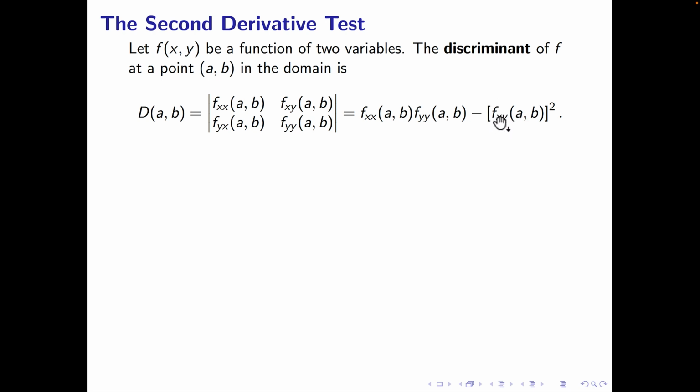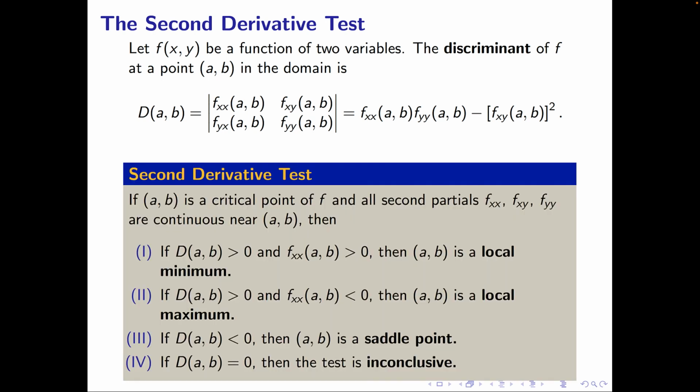Because the second derivative test requires a certain amount of differentiability, you don't have to assume that f sub xy is different from f sub yx. If the discriminant is positive, you can use your second derivative test from calculus 1 and just use f sub xx and f sub yy to figure out if you have a local min or local max.